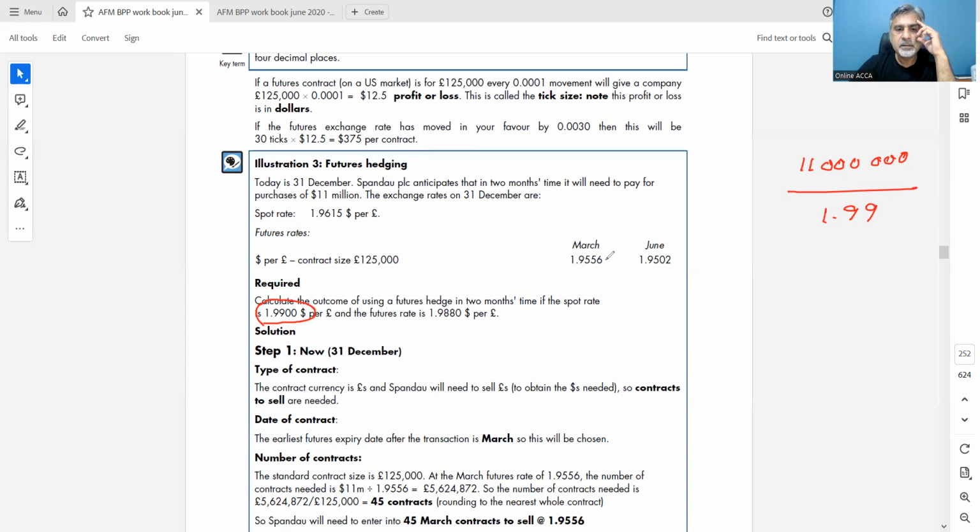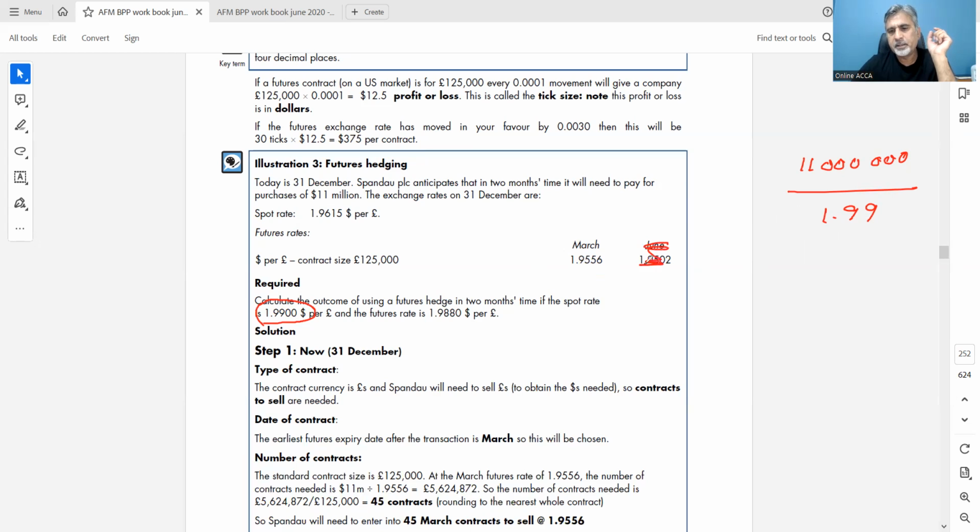Not at 1.96, not at 1.955. You will go to the market and actually buy your dollars at $1.99 per sterling. This is the purpose of the spot rate.